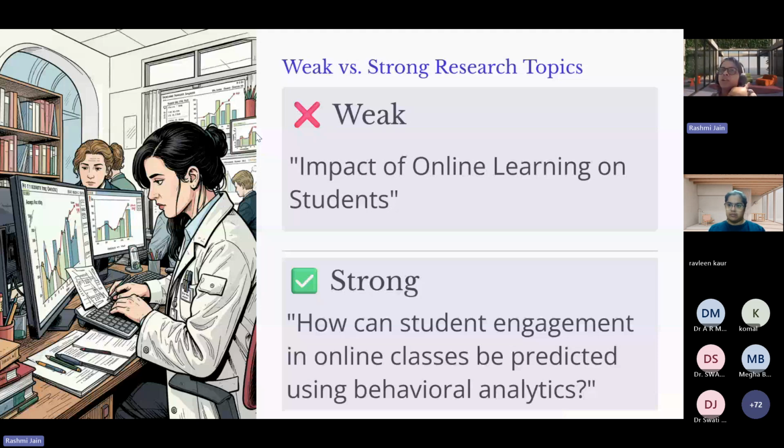Are people yawning, are people looking at their mobile phones? Are people in stress? Is their face turning red during the class? All these pointers will give you an idea of how we can measure student engagement. I'm just taking a few examples. Of course, this will give you some idea of how you can identify your topics and frame your problem well.